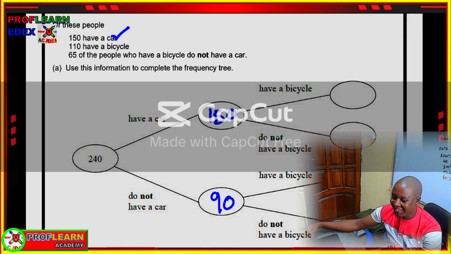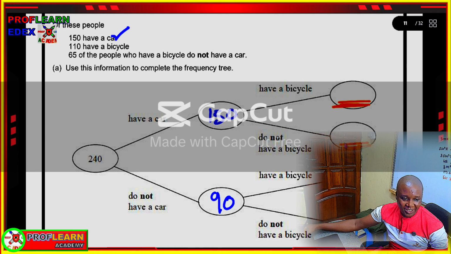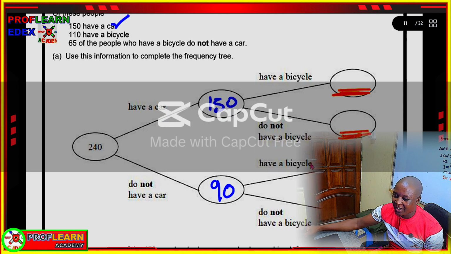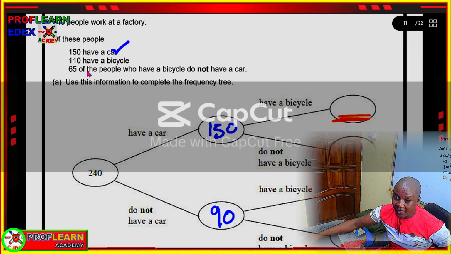Can you write in the comment section what are we going to have here? So just write in the comment section what are we going to have here, because I'm thinking loudly. Because we are told that 65 of the people do not have a bicycle, do not have a car.